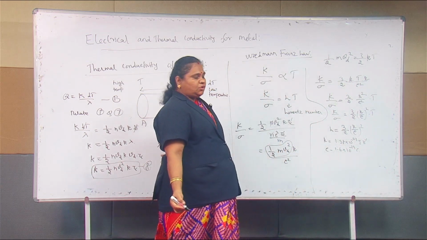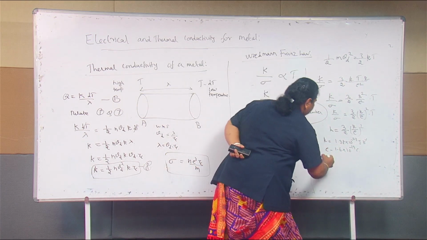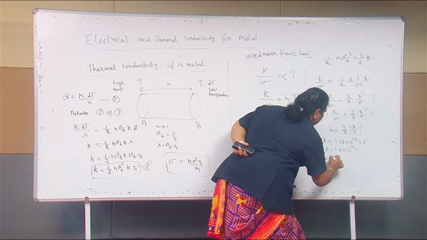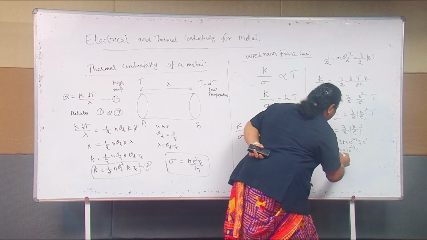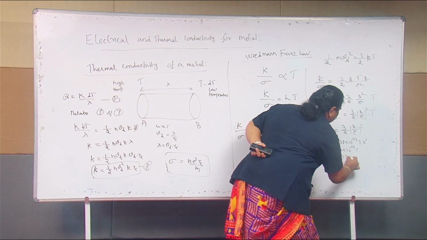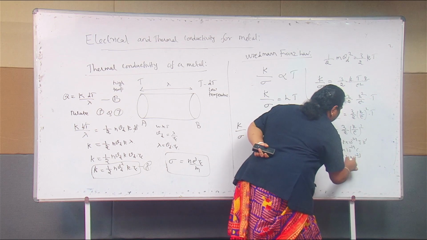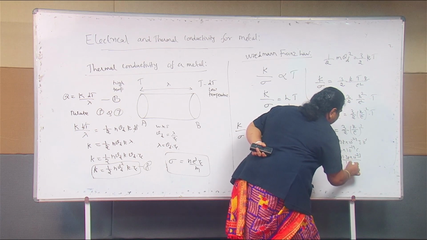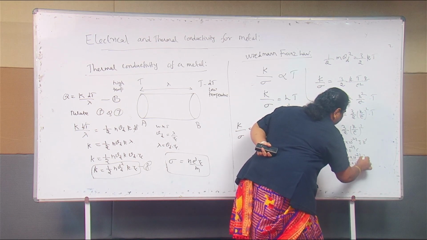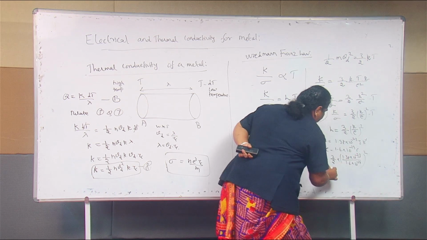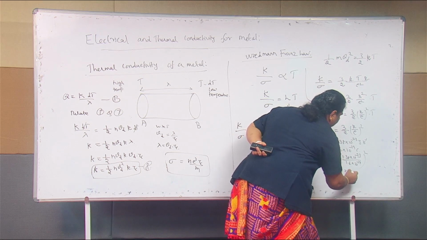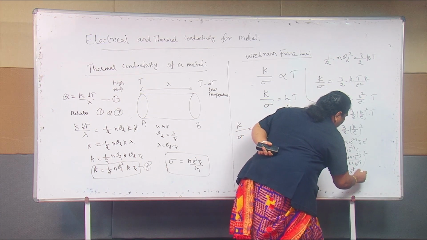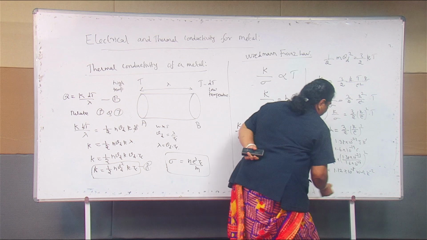When you substitute these two values into the above expression, L is equal to 3 by 2, multiplied by 1.38 into 10 to the power minus 23 divided by 1.6 into 10 to the power minus 19, the whole squared. So we get the value of L as 1.12 into 10 to the power minus 8 watt ohm Kelvin power minus 2.